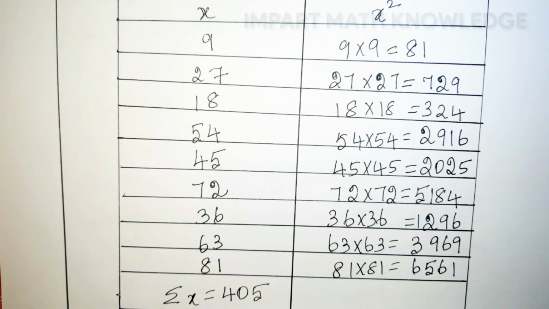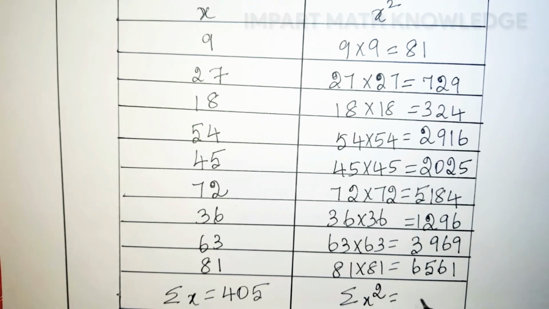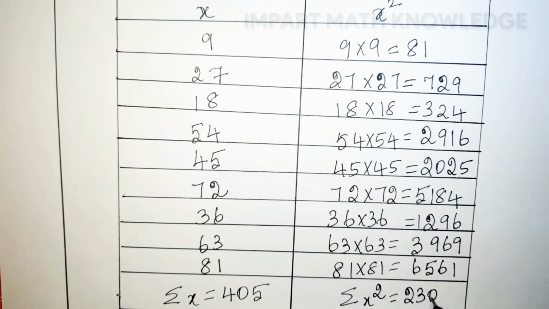After finding the square, you have to take the total. Sigma x square is equal to 23,085.